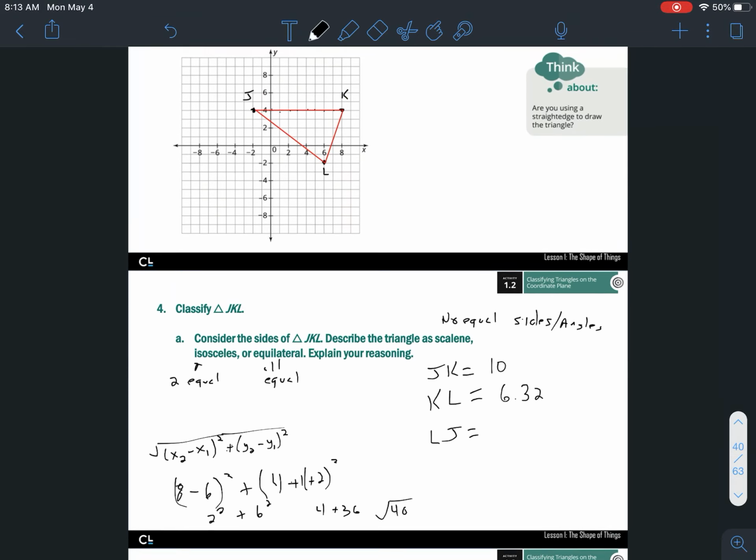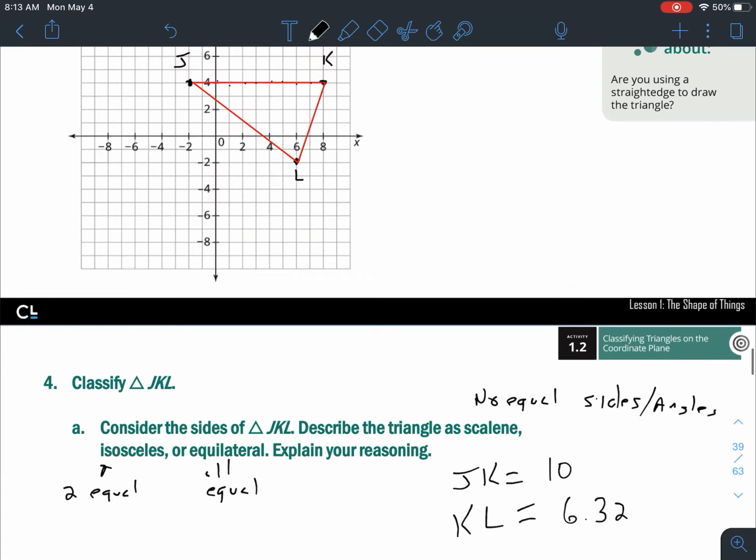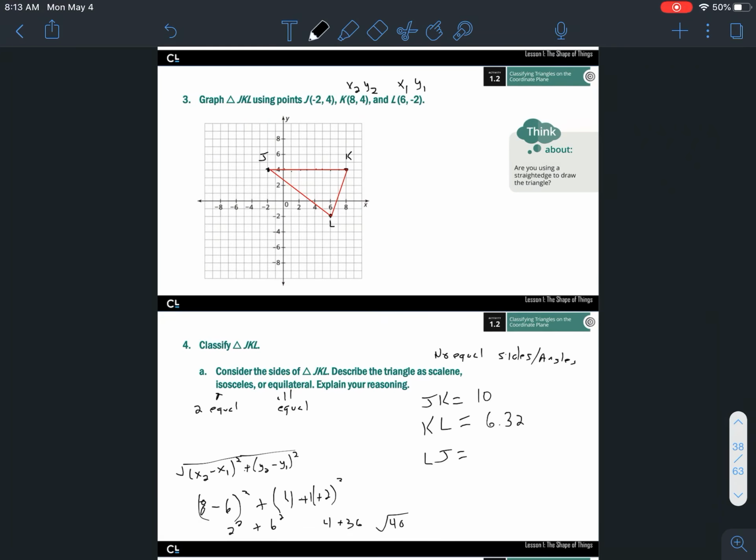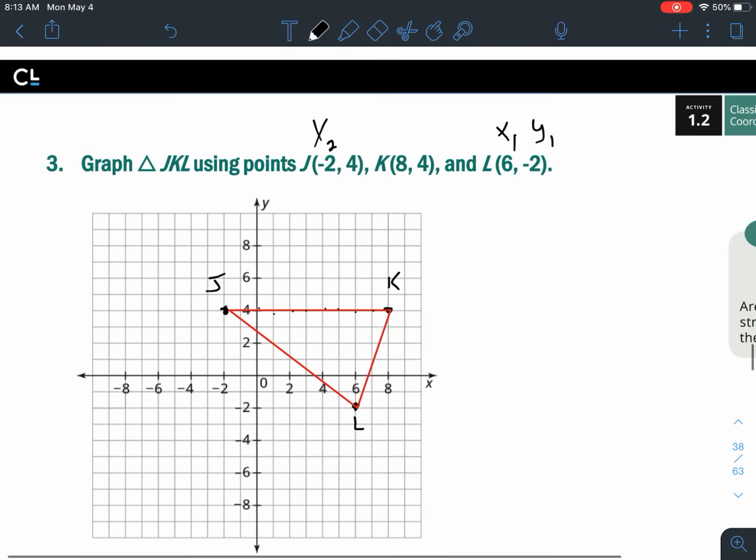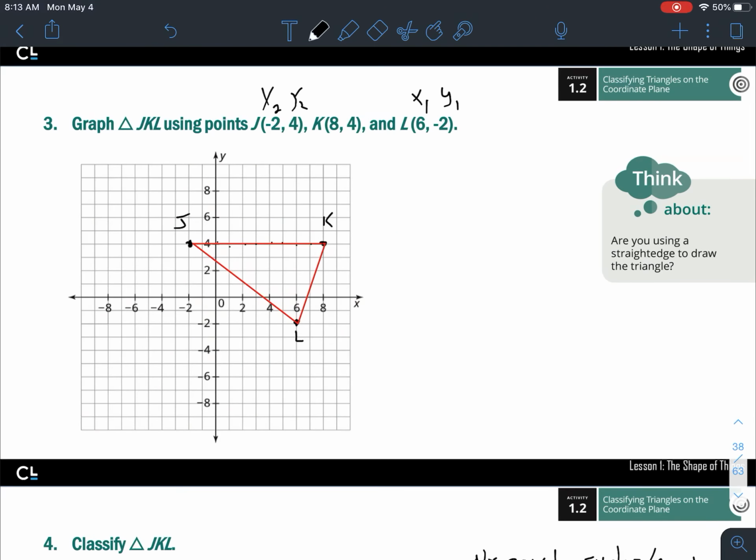Okay, now we have to do our other one. So I'm going to do this one up here, so we have a little room. We're going to go L to J, so L is our x1, J is our x2 this time. So we have negative 2 minus 6 squared plus 4 minus negative 2 squared. And this is all under square root.